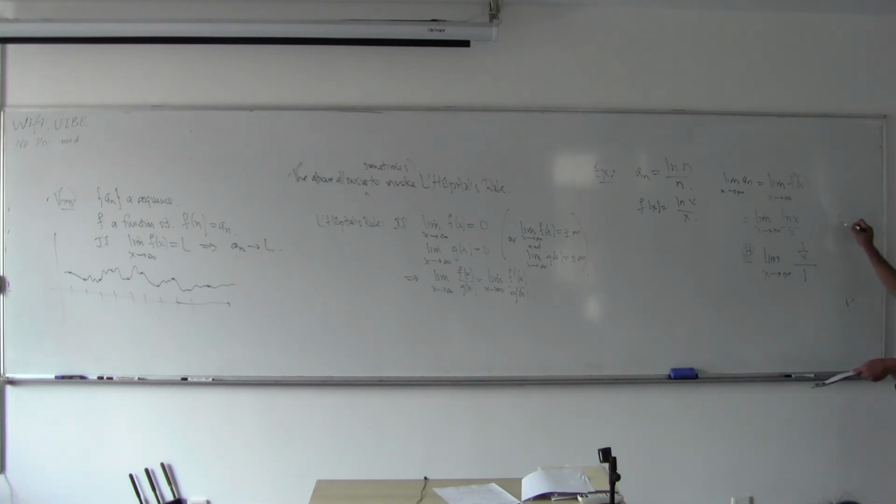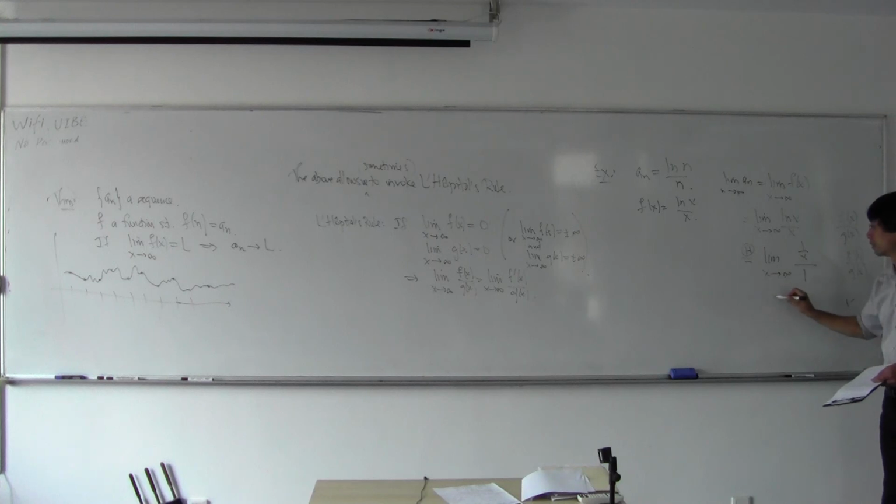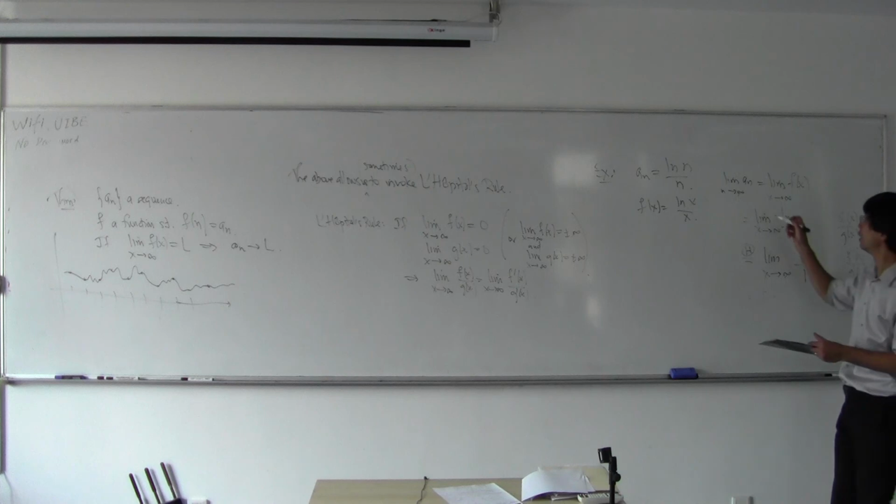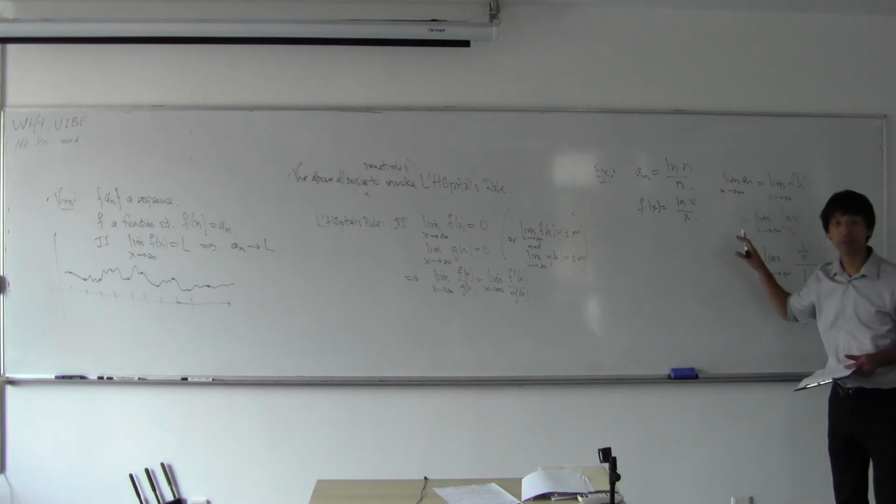Then it's okay to take the derivative of the top over the derivative of the bottom and see what happens as that goes to infinity. So you differentiate the top, you get 1 over x. You differentiate the bottom, you get 1. And as x goes to infinity, this goes to 0. And so that tells me that my original sequence goes to 0.